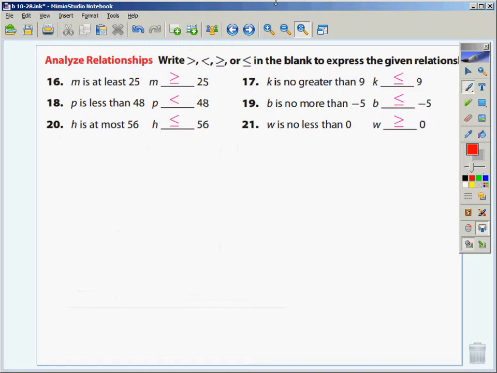There's 16 through 21. The last ones are tricky. No, they're not. A little bit of everything.